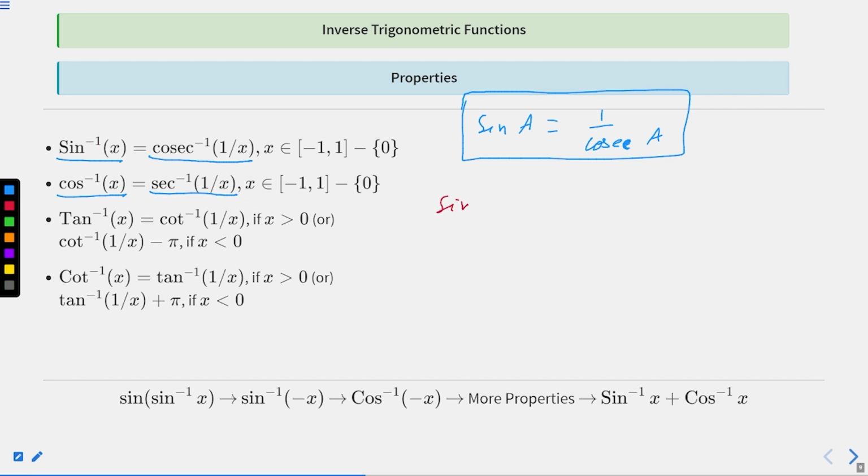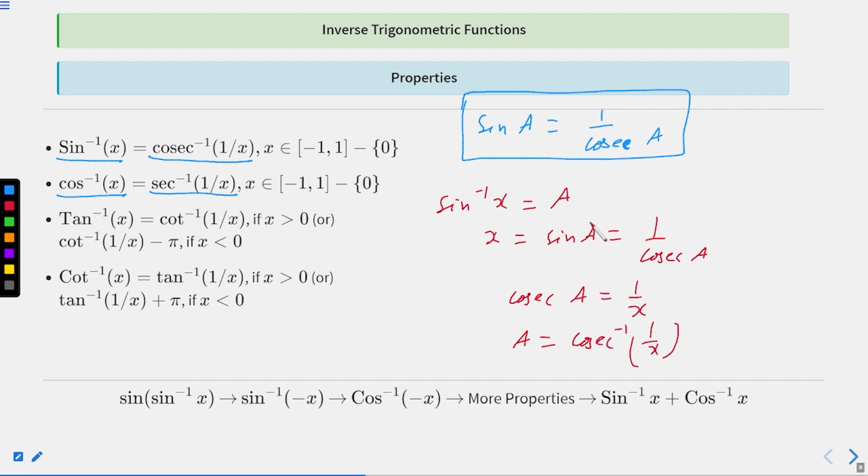Take sine inverse x equal to a, so x is sine a, and sine a is 1 upon cosec a. From this, cosec a is equal to 1 by x, and so a is cosec inverse 1 by x. So sine inverse x is equal to cosec inverse 1 by x, as written over here. Quite easy.